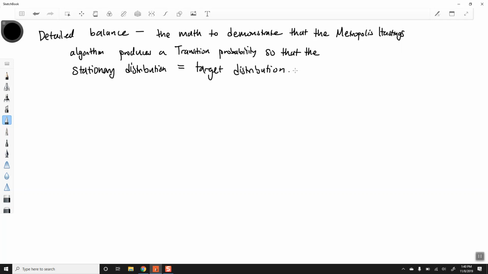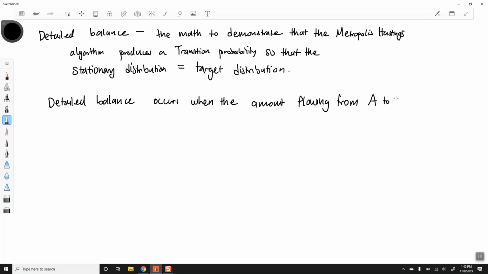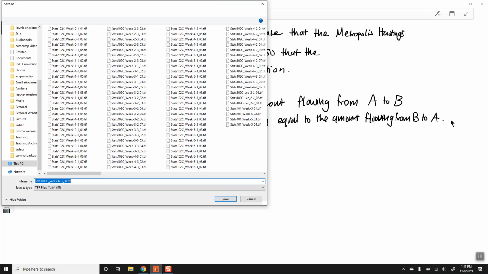Okay, so what we're going to do is define, okay, and so the whole idea is that detailed balance occurs when the amount flowing from A to B is equal to the amount flowing from B to A. Okay, and so if the amount going from A to B is equal to the amount going from B to A, then we're at equilibrium, and that will be our stationary distribution.